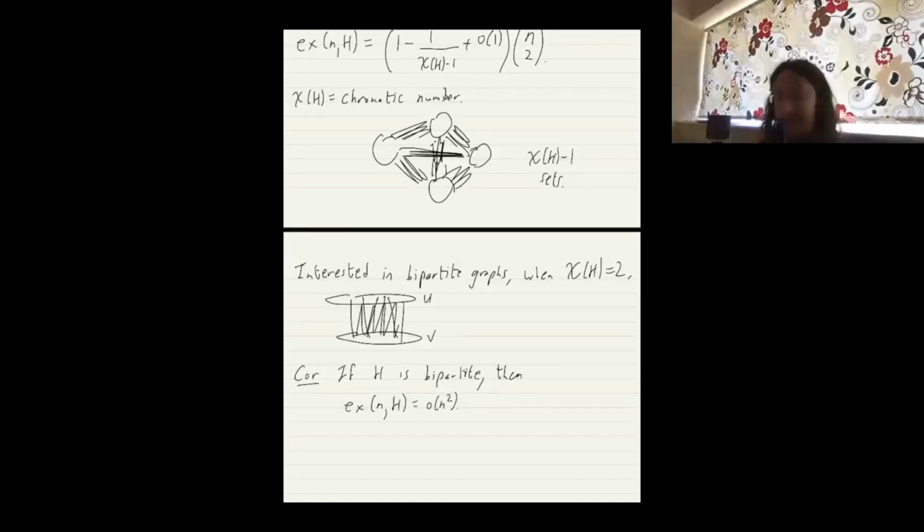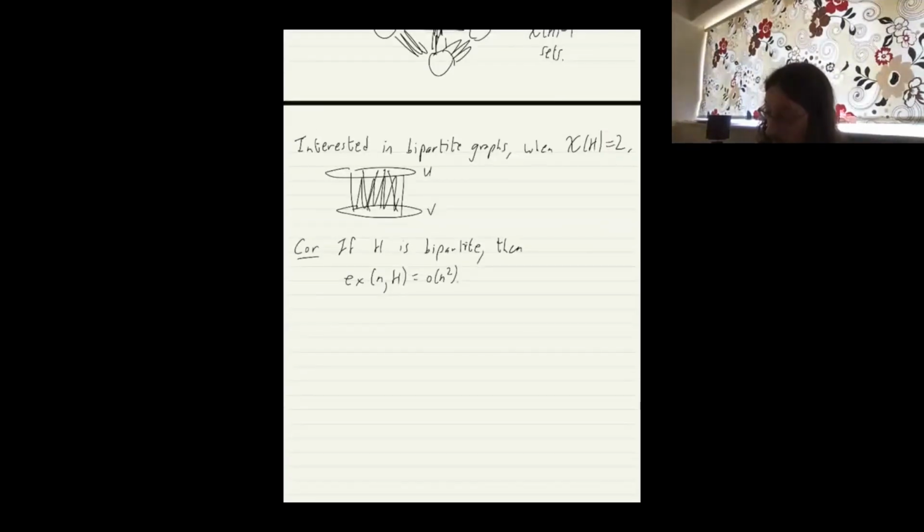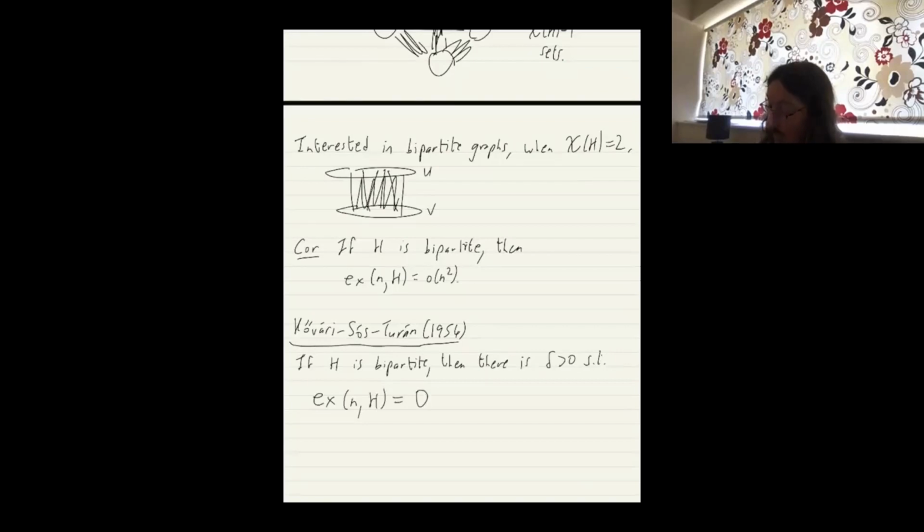There's a slightly better theorem due to Kővári, Sós, and Turán. They have shown, from maybe 1954, that if H is bipartite, then there is a positive delta such that the extremal number of n, H is bounded above by some constant times n to the 2 minus delta.